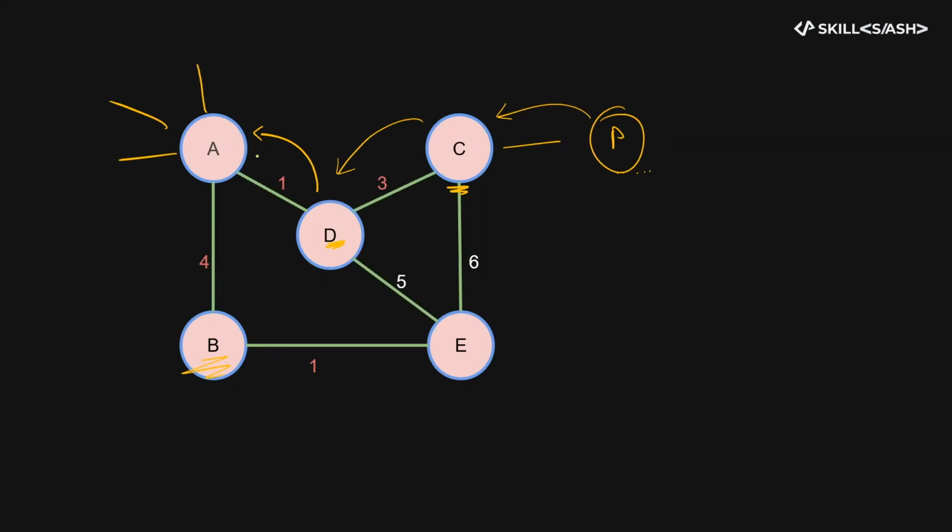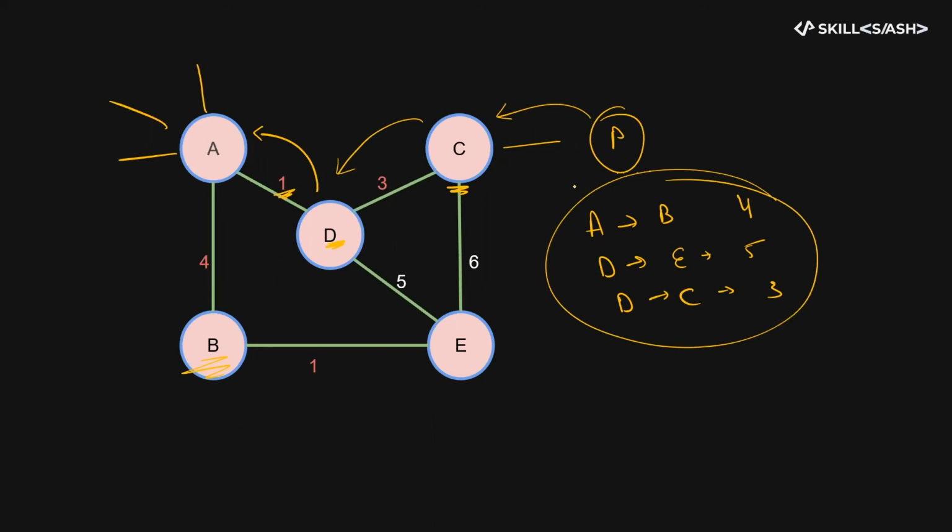Like I said, from A to B and D both you can go, but you chose to go to D. Why? Because it has the least weight. Now once you go to D, you should have all the options: A to B you can go with 4, or D to E you can go with weight 5, or D to C you can go with weight 3. Out of all three, you choose the least one.